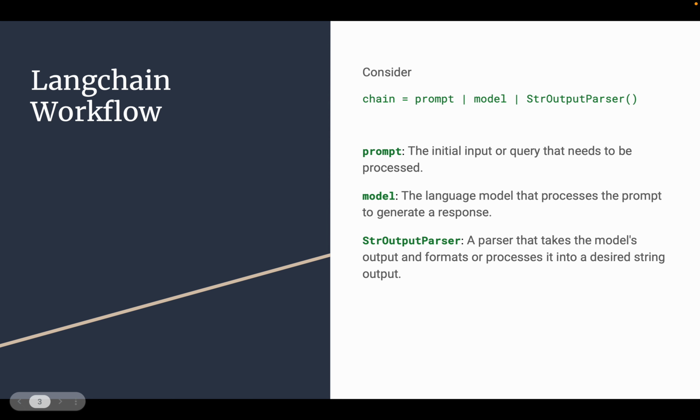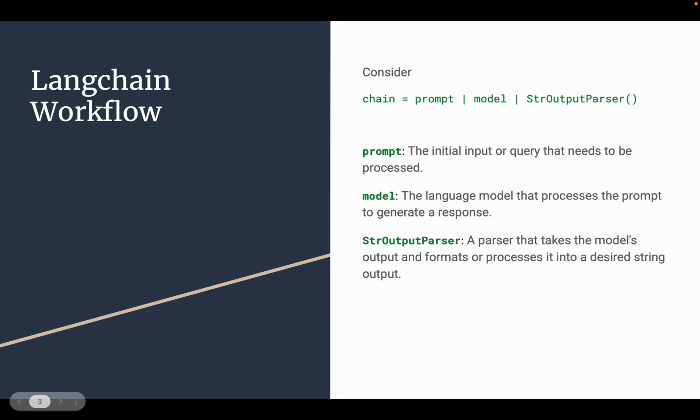Consider this. This is a chain, right? Here we can see a prompt, a pipe, a model variable, and a string output parser. This can be called a chain, and each component, like prompt, model, and string output parser, is connected using the pipe symbol. This is the LangChain Expression Language, and we use it to connect different components.